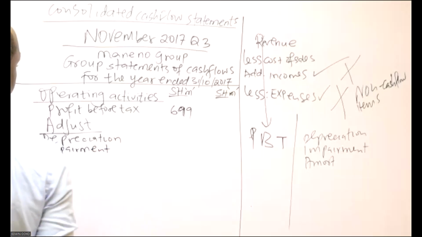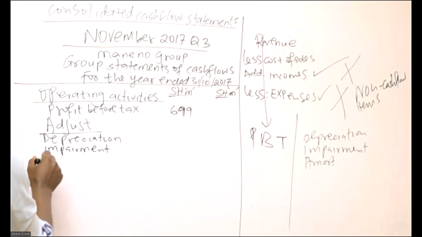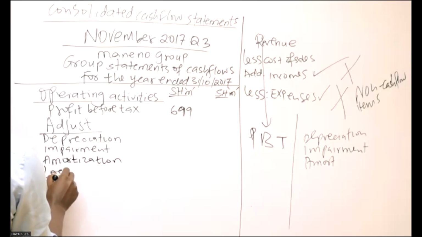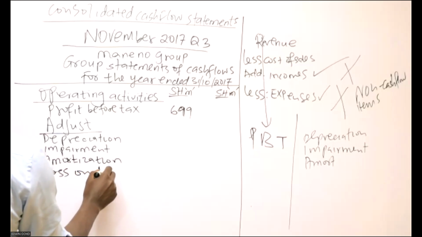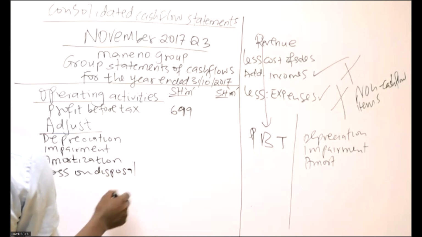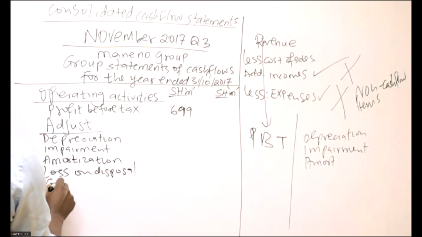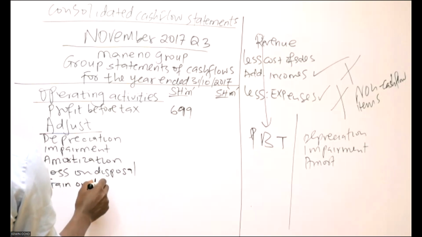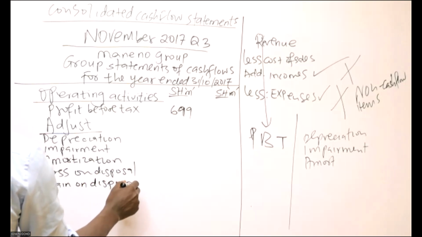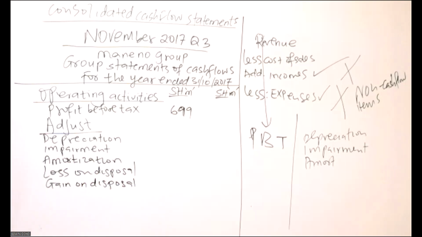Impairment. We have amortization. We have loss on disposal. And we check for the gain on disposal. These are some of the non-cash flow items which might not be direct. Some of them might be in the additional information.